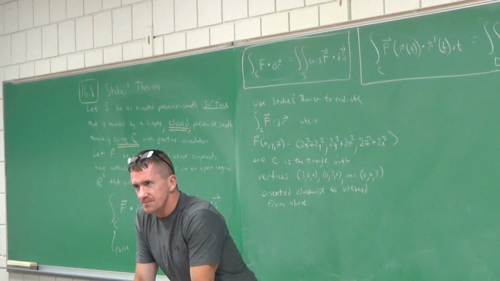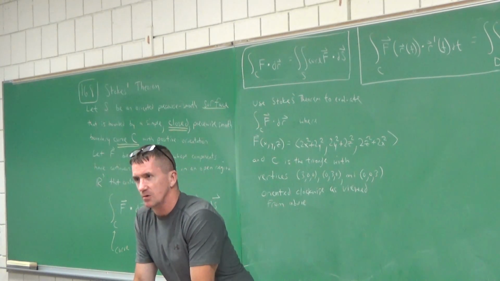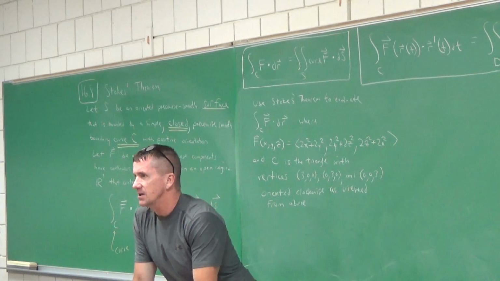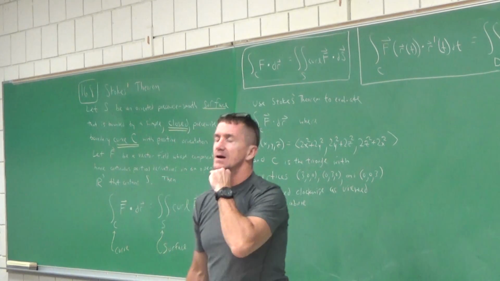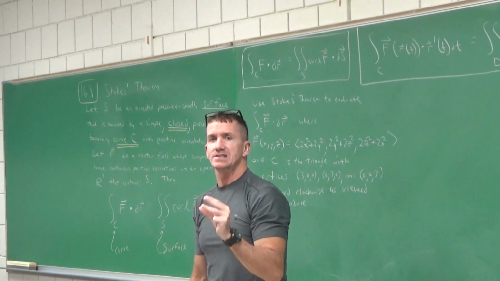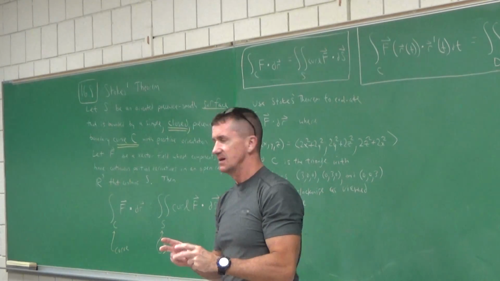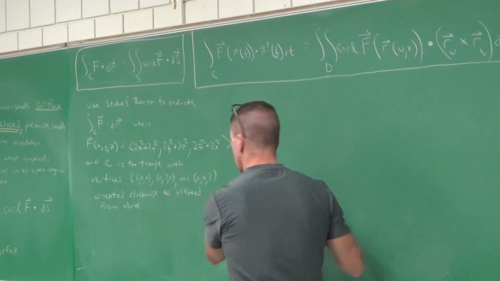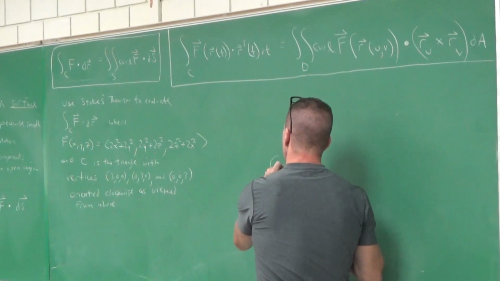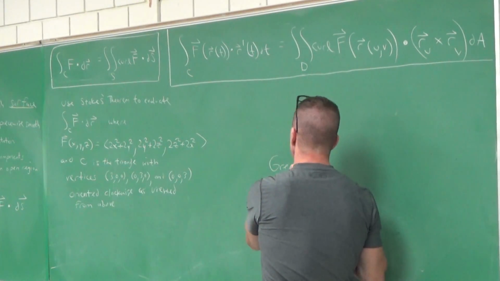Recall Green's theorem? Green's theorem was pretty cool, right? It dealt with a closed path, but it was limited because it was only in two-dimensional space. Do you recall that? While you're copying, I just want to point out what an awesome theorem Green's theorem is.